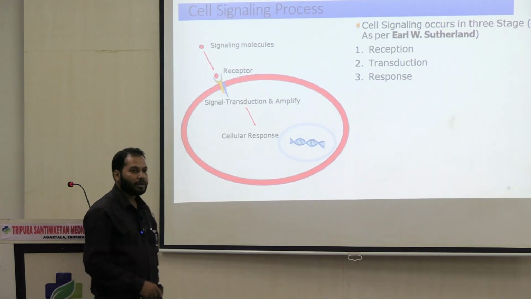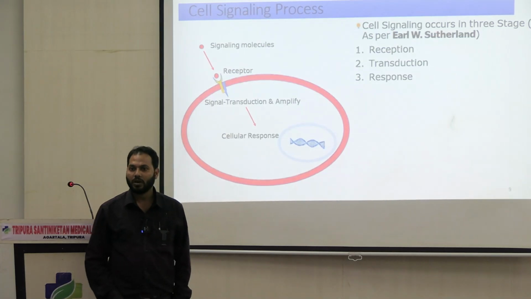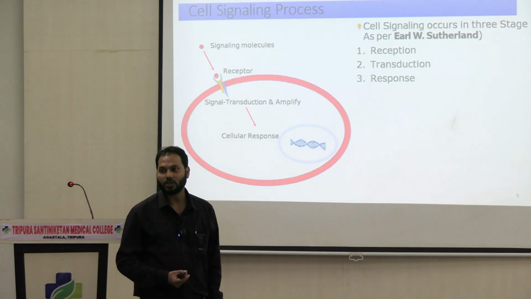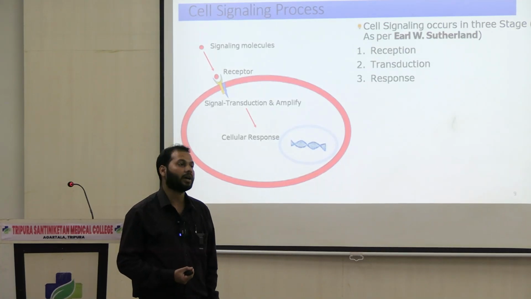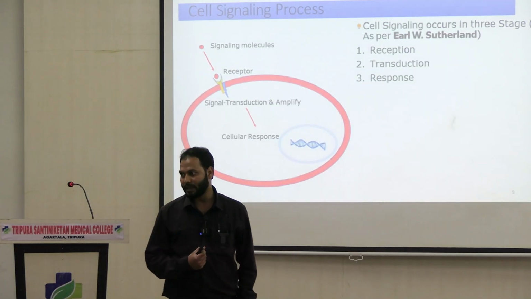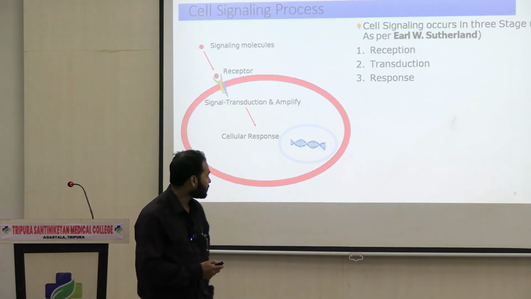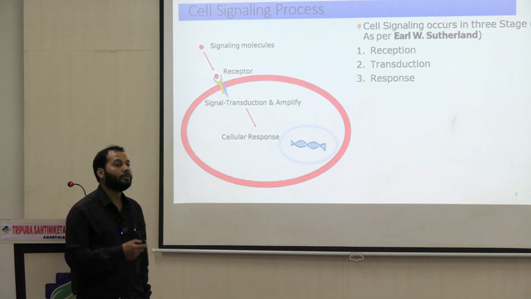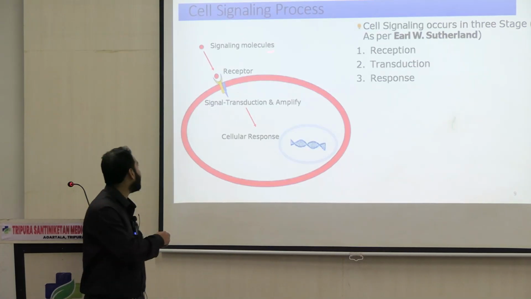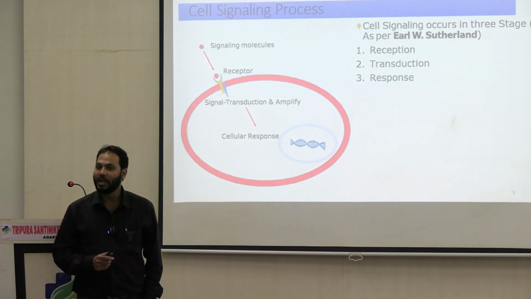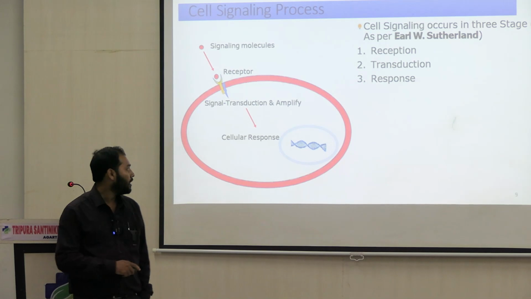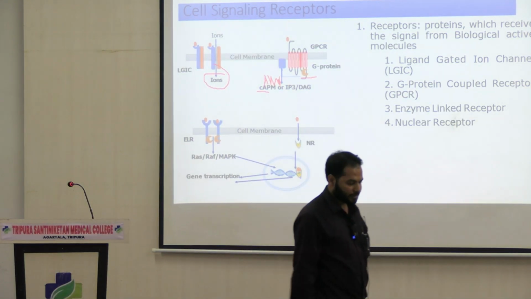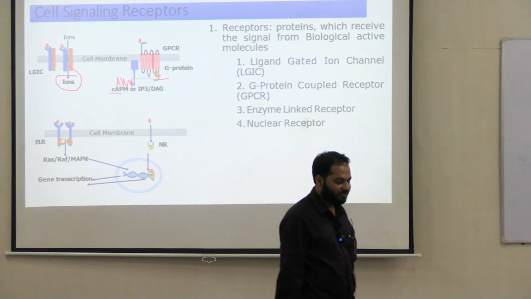And this transduction stage actually involves the amplification of the response after initial binding of ligands to the receptor, right? And based on the amplification, the cell will give an amplified response to that signaling molecule. Clear? Now see what the different types of receptors are and how they differ from one another.